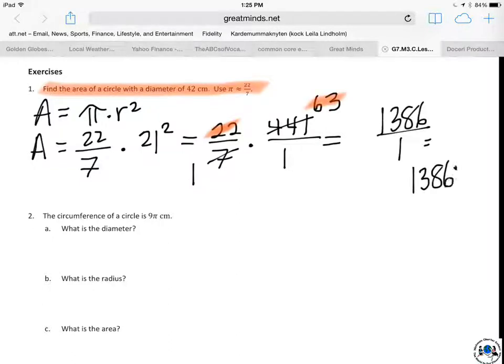And there we go. 22 times 63 is 1,386, and that's over 1, so 1,386 centimeters squared would be the area of this circle with a diameter of 42 centimeters.